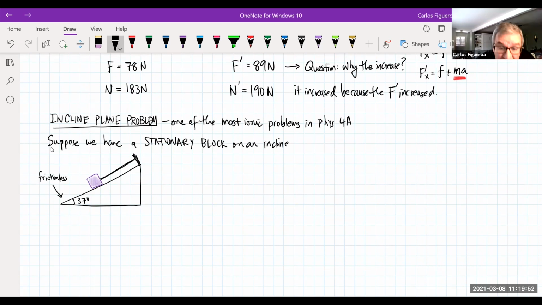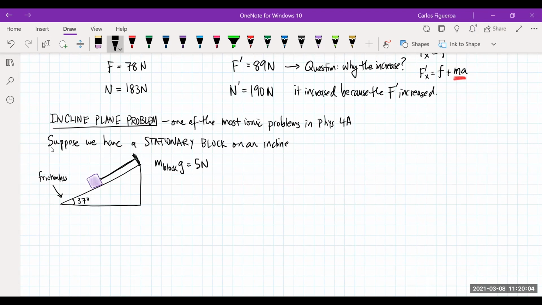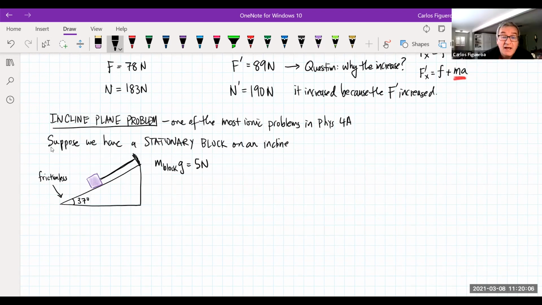I'm going to say that the mass times gravity is 5 newtons. And I want to determine all of the forces acting on this block.